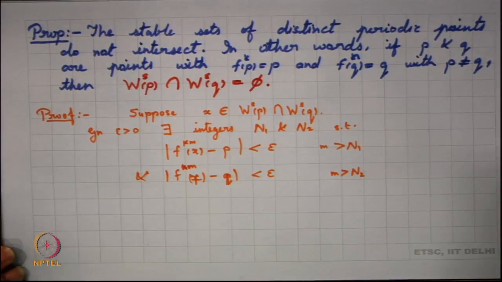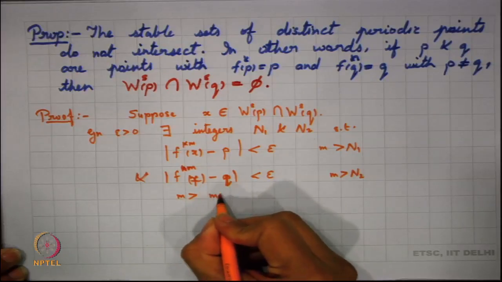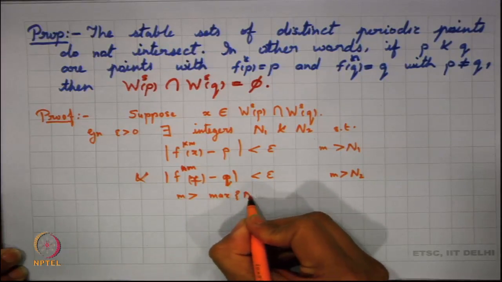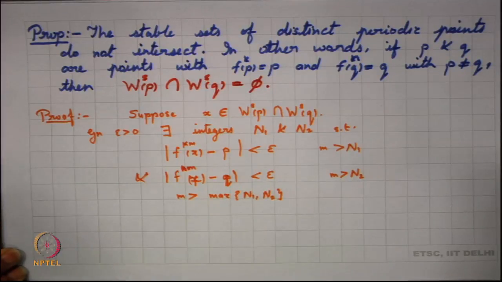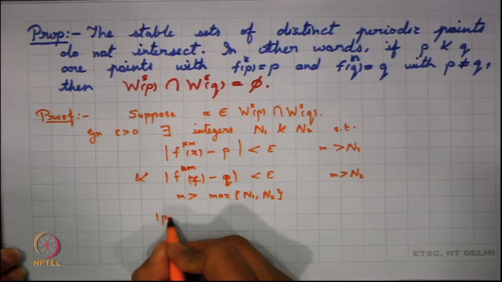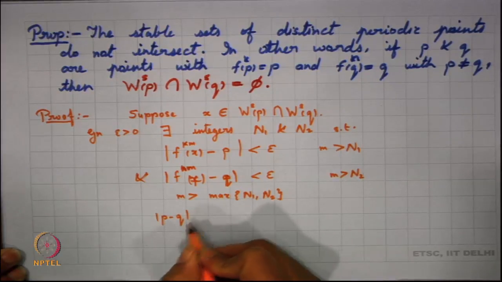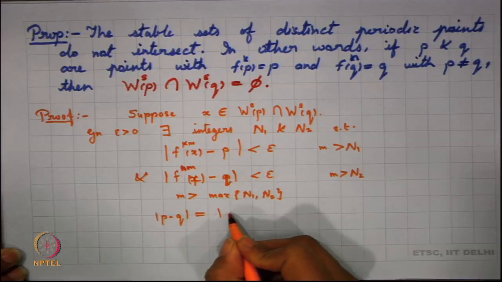Now, what does this tell me? If I take my m to be greater than the maximum of n1 and n2, then we have |P - Q|, by the triangle inequality. I am just using the triangle inequality.